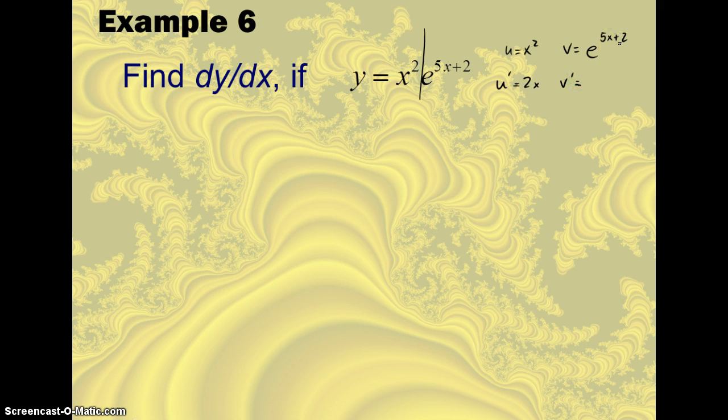If v equals e to the 5x plus 2, our derivative would be e to the 5x plus 2 times 5. And my y prime is going to equal u prime times v plus regular u times v prime. And that's my answer.